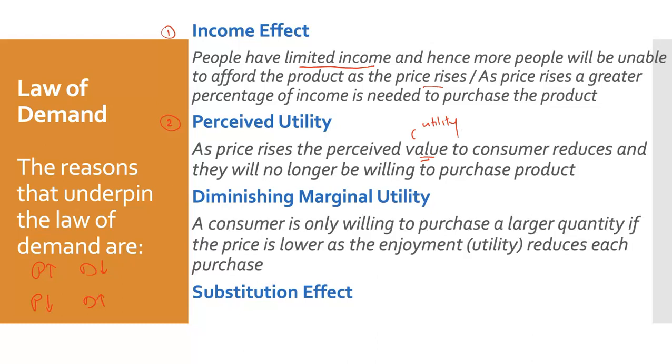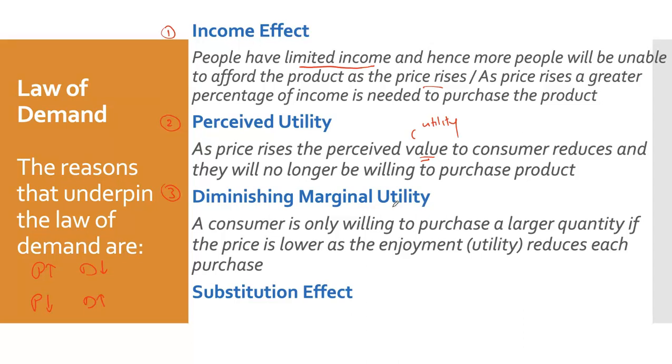Diminishing marginal utility is our third reason. Remembering utility again equals value. A consumer is only willing to purchase a larger quantity if the price is lower. So that as price goes down, they'll be prepared to buy more, as the enjoyment or the value that you get from buying something reduces each purchase.